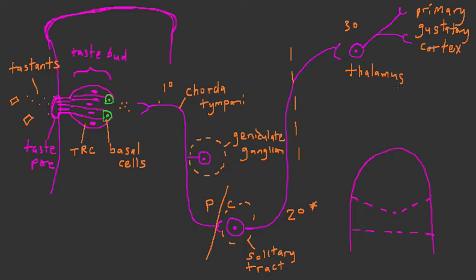And the other branches will go to the parietal cortex, specifically the center. You can think of the primary somatosensory portion of the brain.